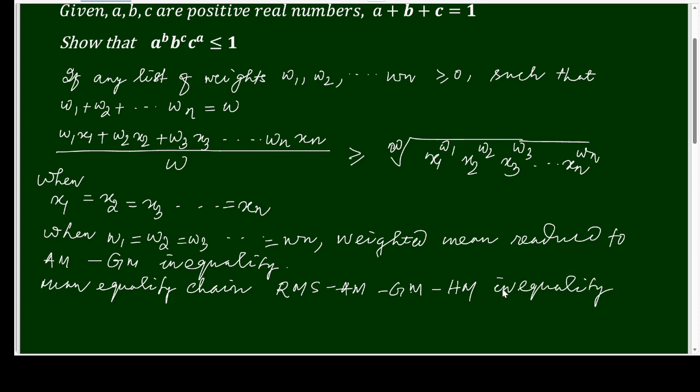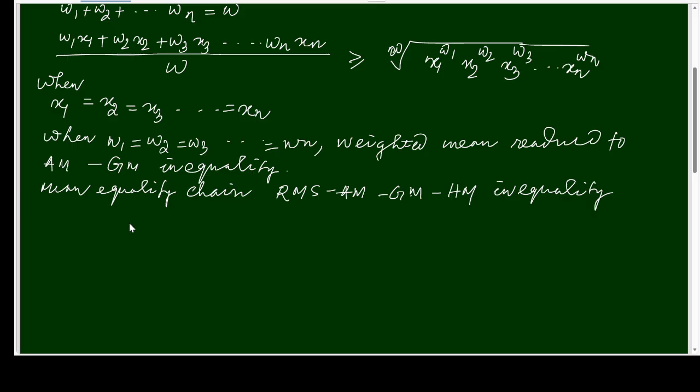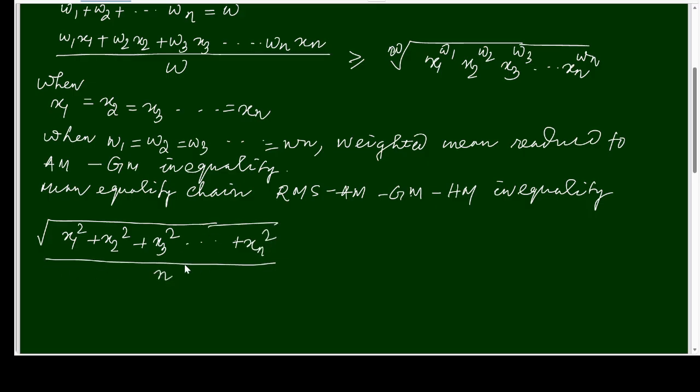So if we understand this concept, then solving this question is very easy. So here we will get the root mean square, the square root of x1 square plus x2 square plus x3 square up to xn square, divided by n, is greater than or equal to the arithmetic mean, x1 plus x2 plus x3 up to xn divided by n.